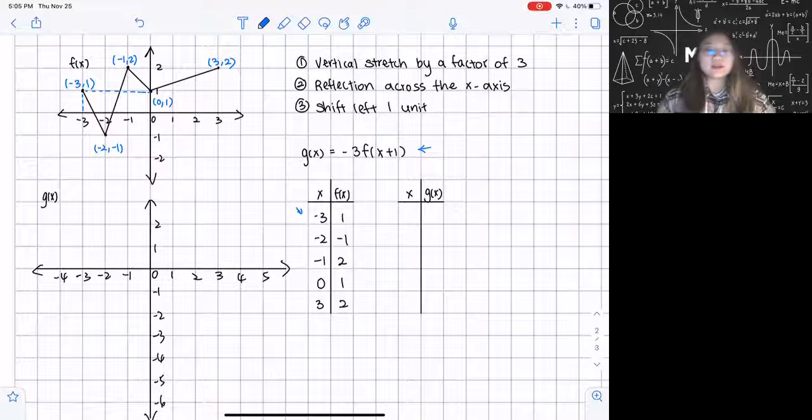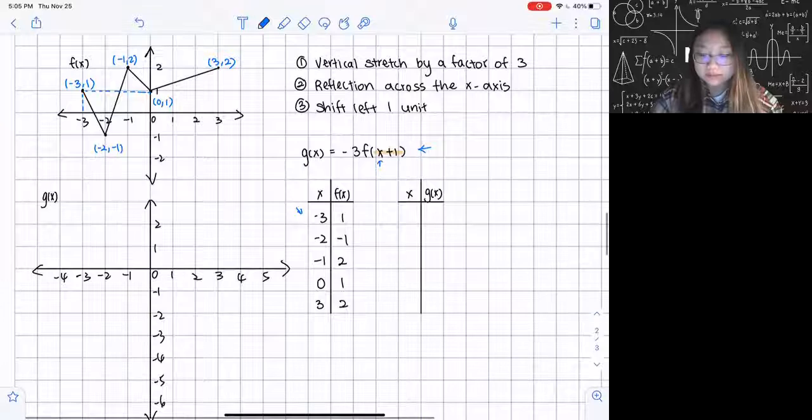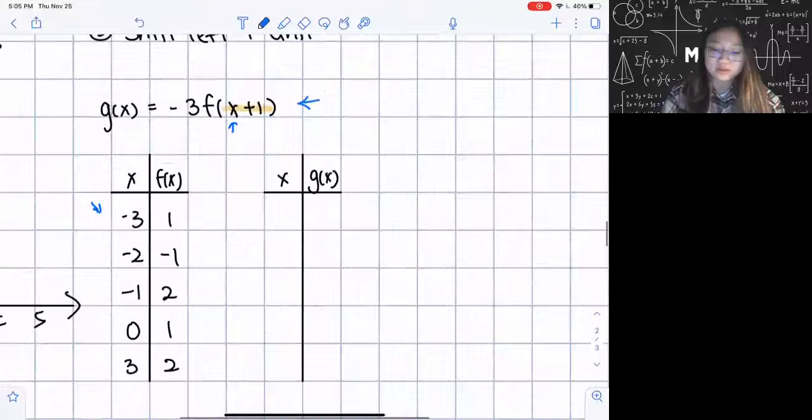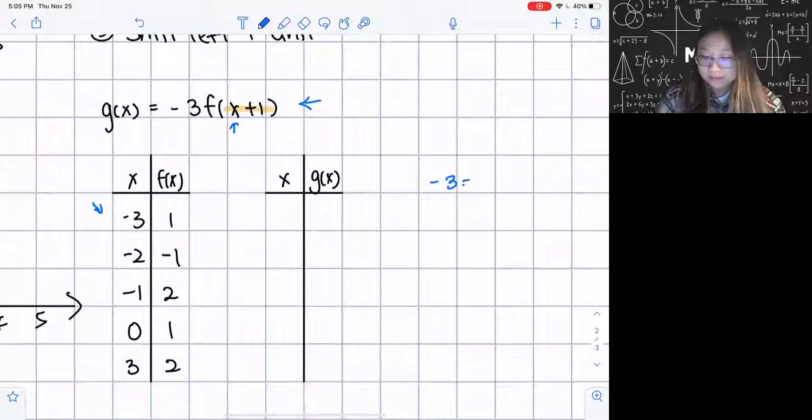Then I can start applying my transformation. Remember what I talked about before, that this thing inside here is my f of x, x. And this over here is my g of x, x. So how am I going to set up this equation? You can try on your own first. I'm going to set it up like this: -3 equals x plus 1. So x equals -4.